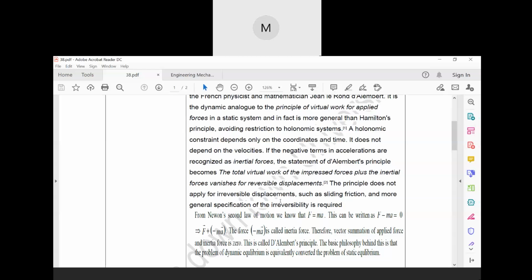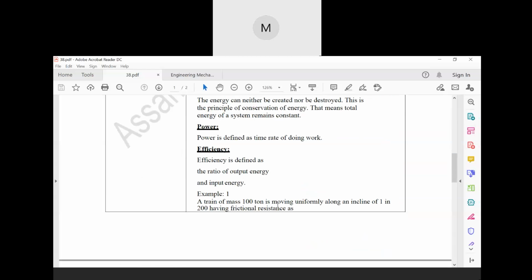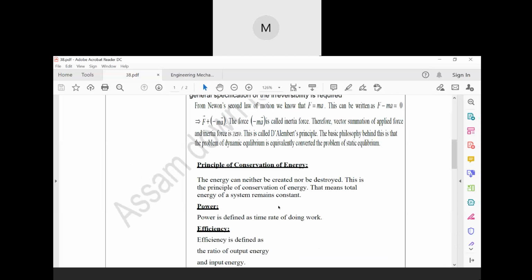So if you can see, there is another term called principle of conservation of energy.